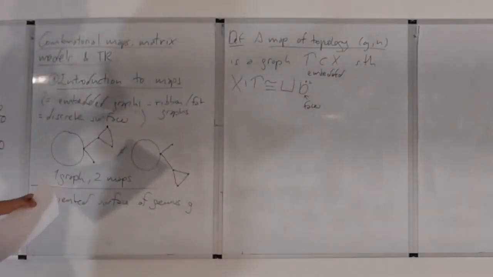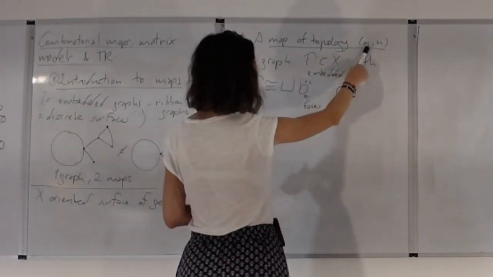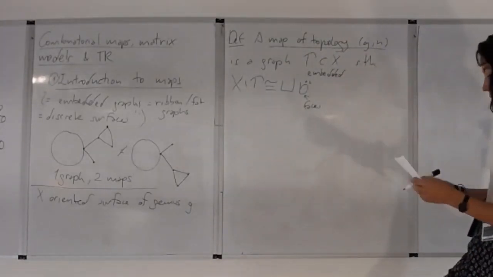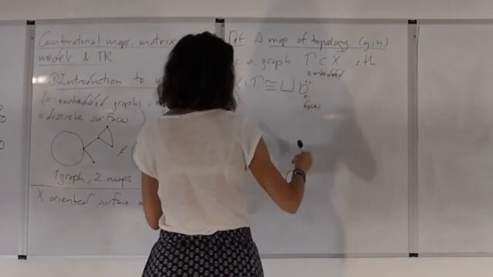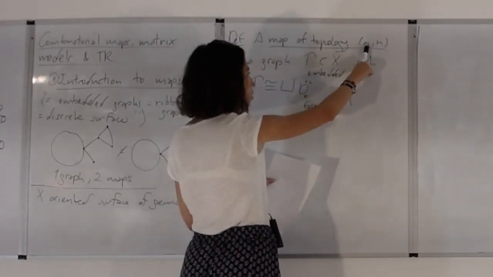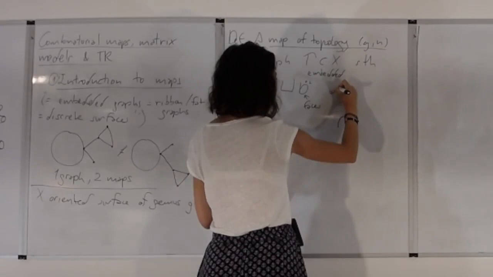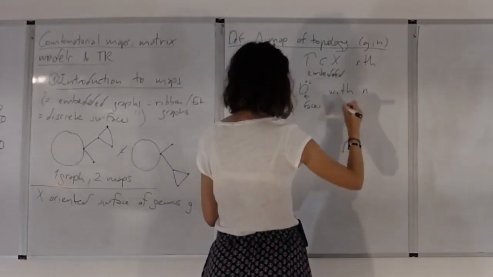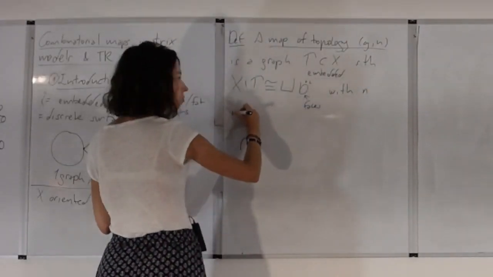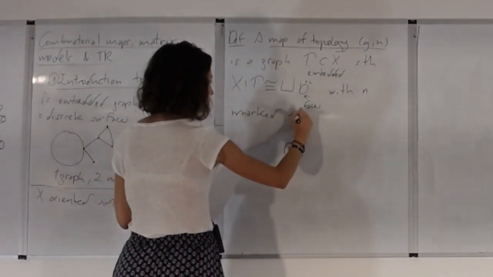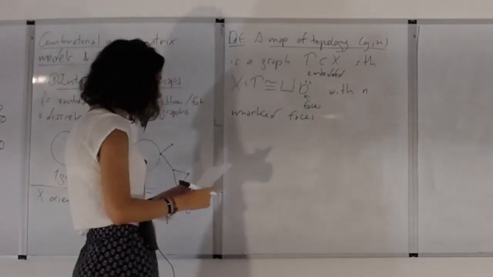Okay, so you can already see the g because I took a surface of genus g. But what about the n? To say that it has n boundaries, so it has topology (g, n), we actually say that we mark n faces. And what do we mean by marking?